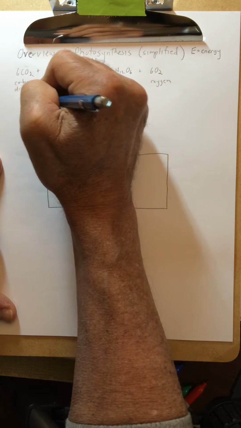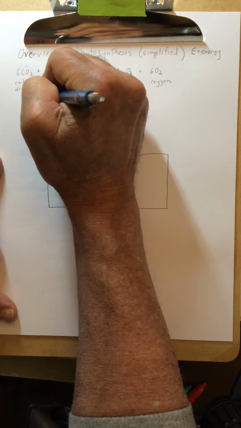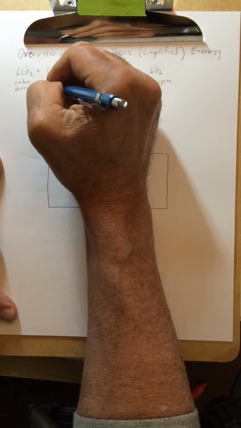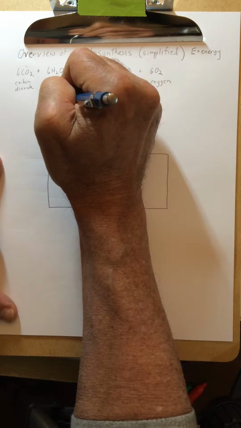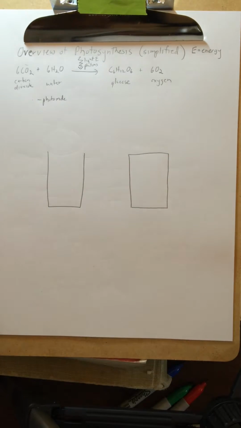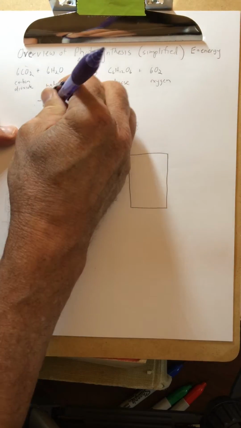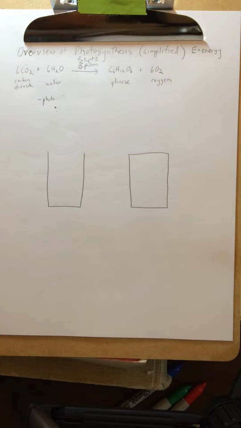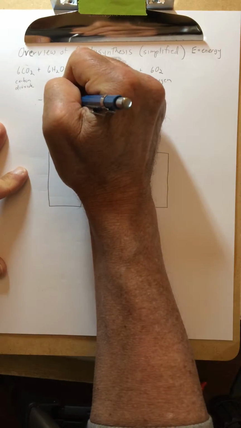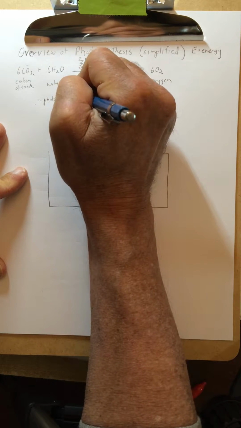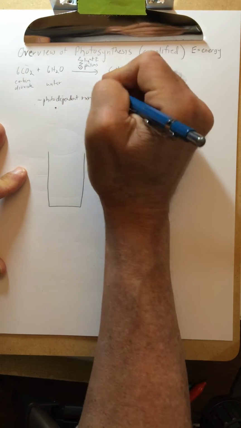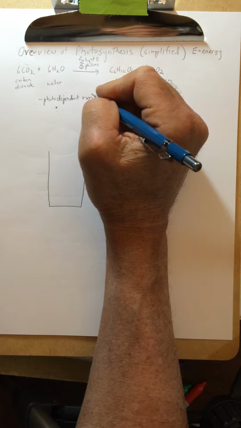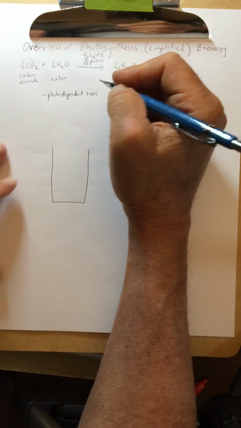The first step here are called the photo-dependent reactions. Excuse me, I misspoke at first. Photo-dependent reactions. And RXN is a typical abbreviation for reaction.